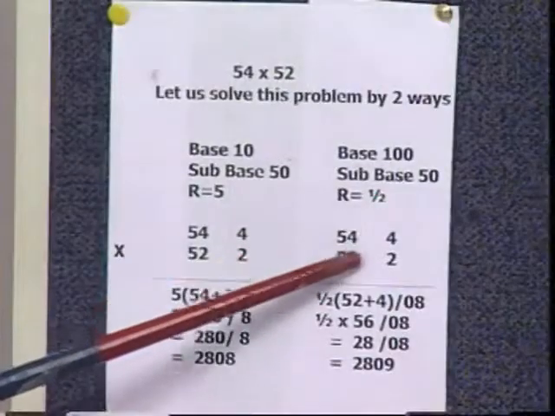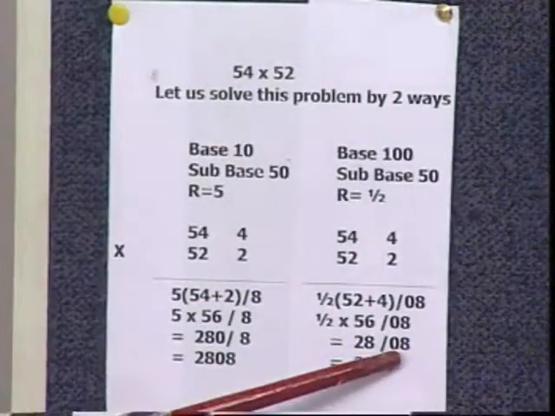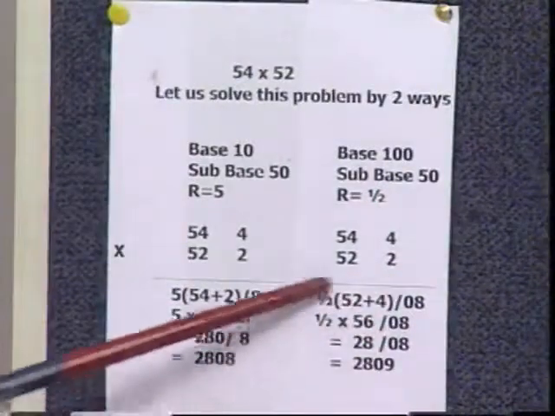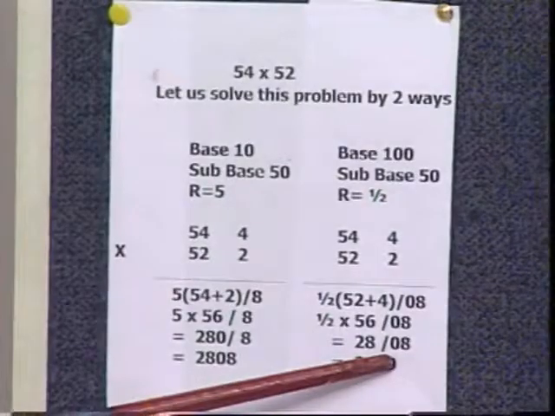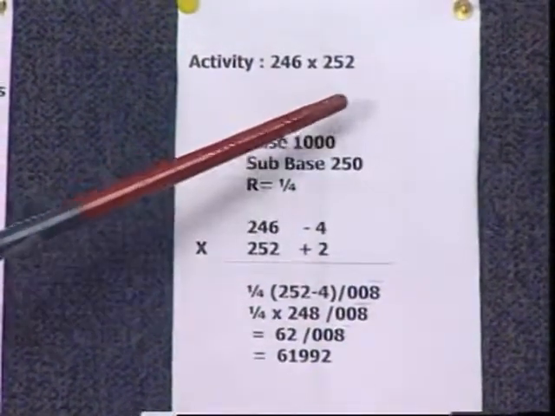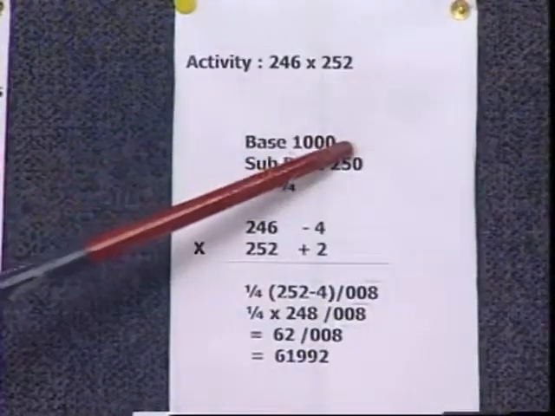The product of 4 and 2 is 8, that is 08 is the right part. What is 54 plus 2? 56. Half of 56 is 28. 08 is the right part, so the answer is 2808.